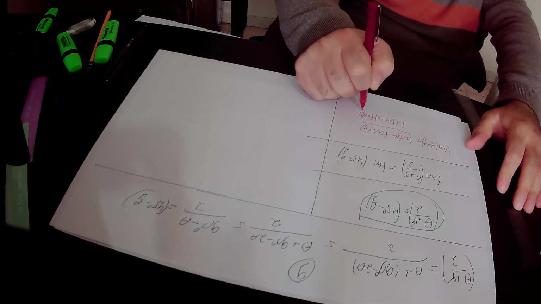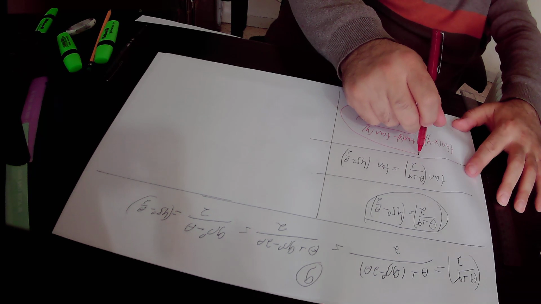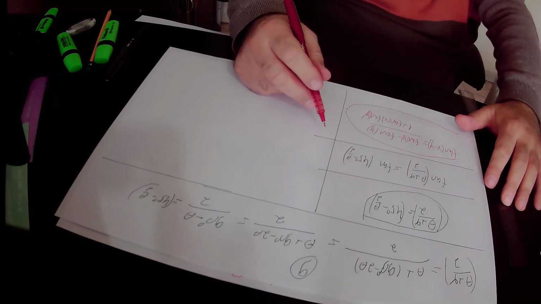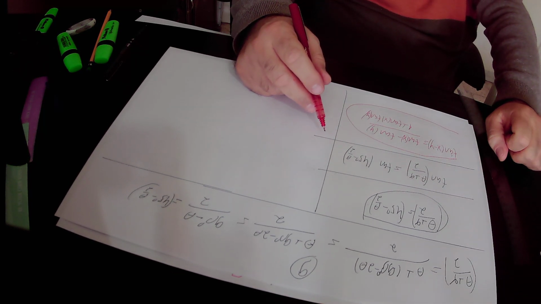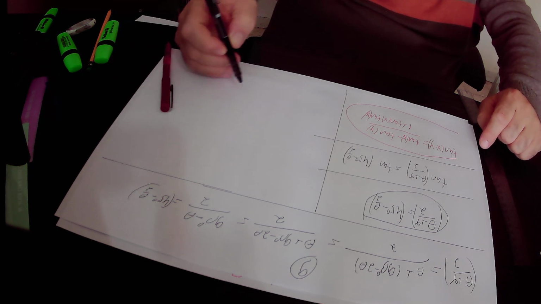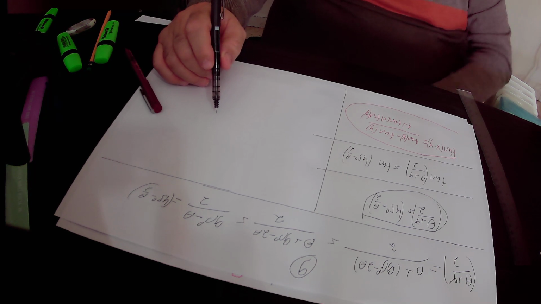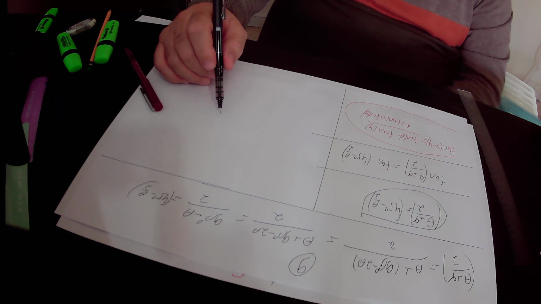So actually we will use this trigonometric identity in order to find out the value of tangent 45 degrees minus theta over 2. According to this trigonometric identity, tangent x minus y equals tangent x minus tangent y over 1 plus tangent x times tangent y.